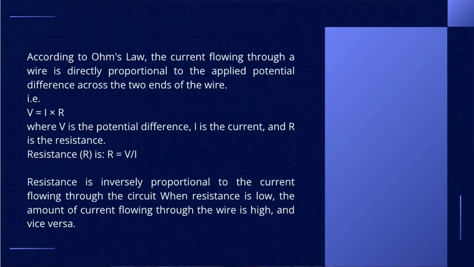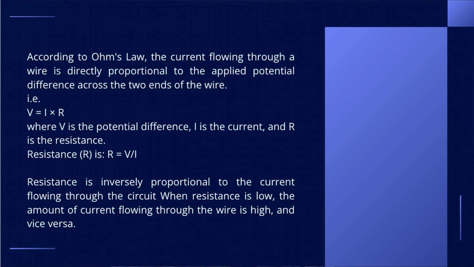Now, to understand mathematically, consider a simple electric circuit as shown in the figure. According to Ohm's law, as we have already discussed in the previous video, the current flowing through a wire is directly proportional to the applied potential difference across the two ends of the wire.